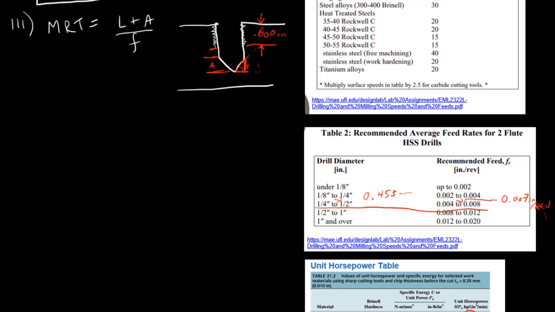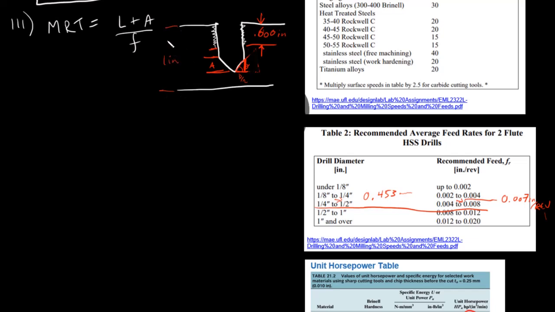So you could do trigonometry and figure out, you have half your diameter there, and you have an angle, and depending on the drill you're using, they have different angles. But really, we just probably don't want to break through the material if it's a blind hole. And we're definitely not going to do that since it's 0.6 and this is 1 inch.